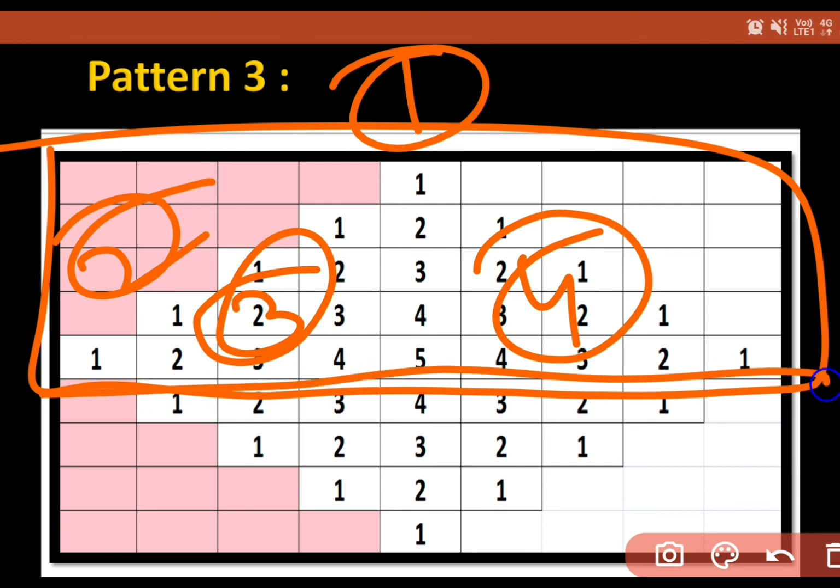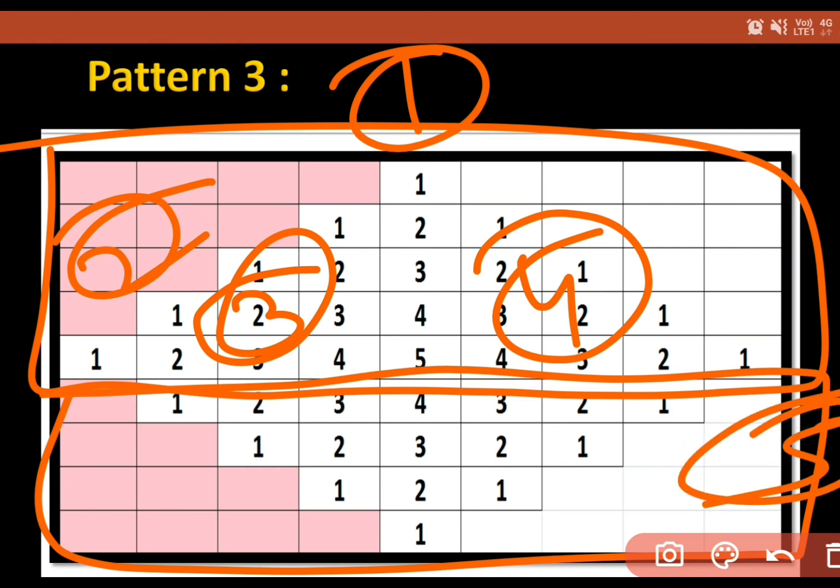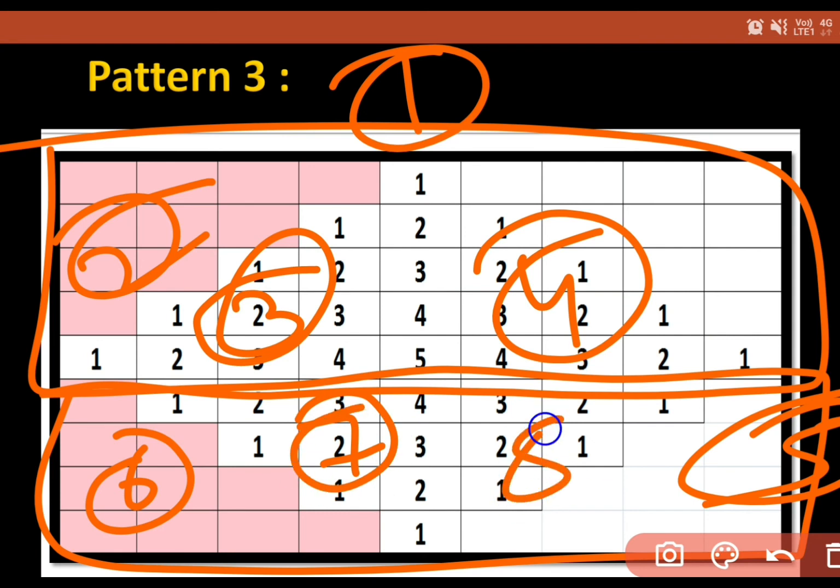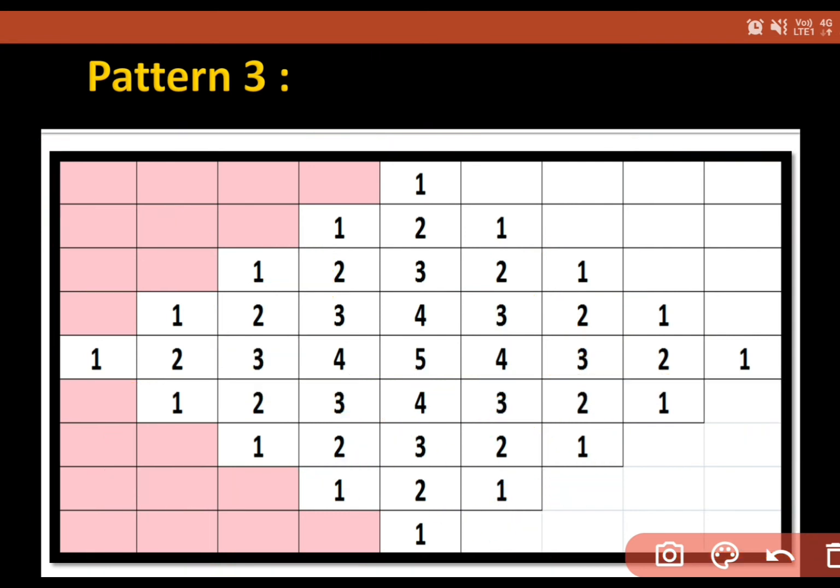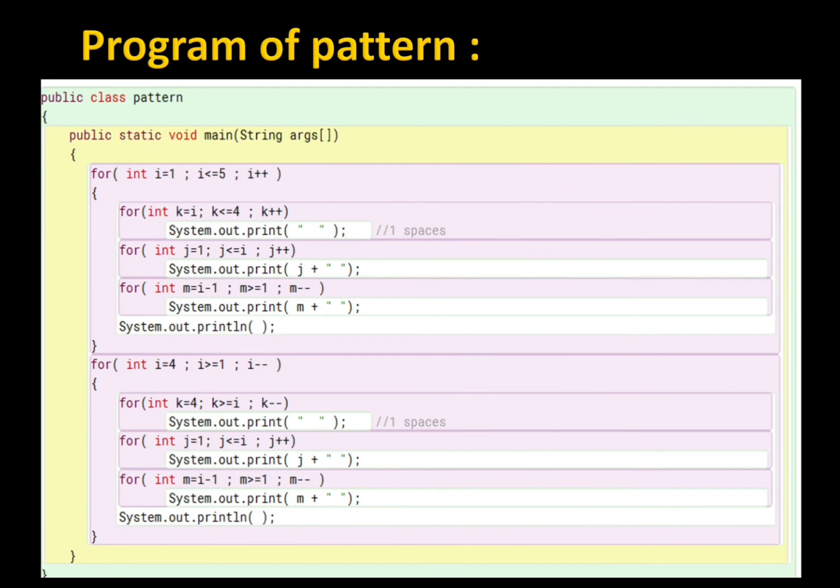Then again the half part, fifth for loop, and then sixth one, then seventh one, then eighth one required. Means 8 for loops we require. I told you 8 for loops we require.